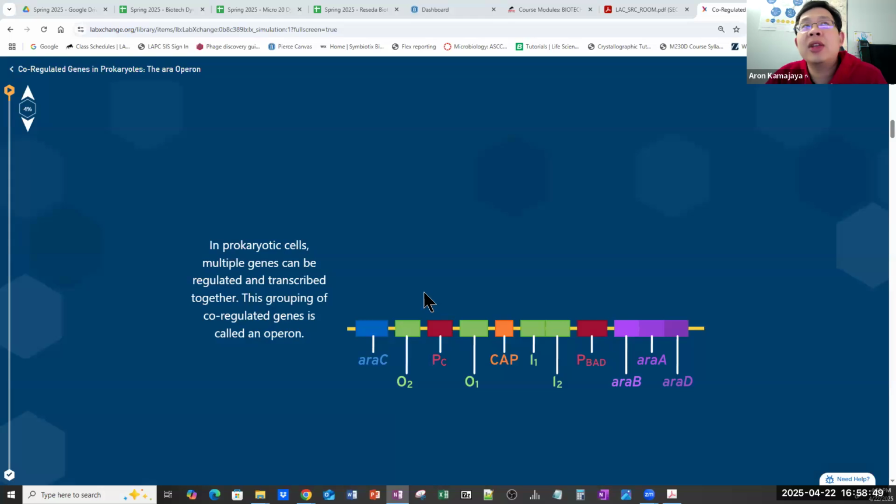For us, the molecule is arabinose. The way to switch your promoter or this operon on or off is by adding arabinose. If you add arabinose, the promoter will be activated, and therefore your gene will be expressed. But when you do not have arabinose, the gene will be turned off.